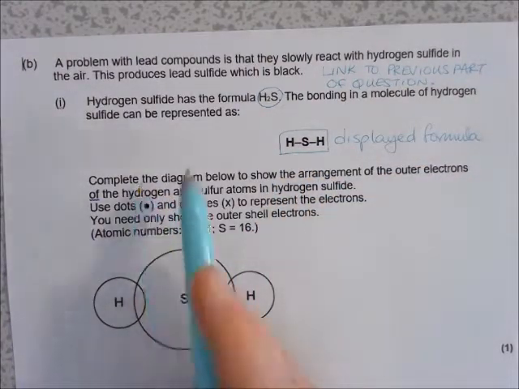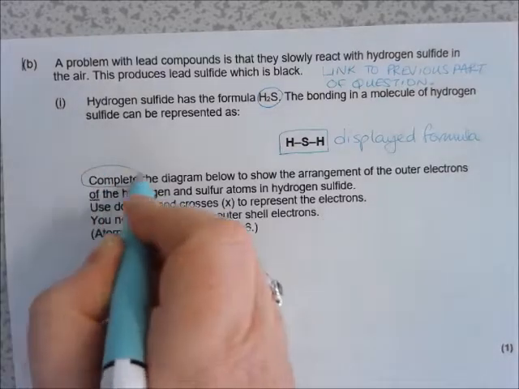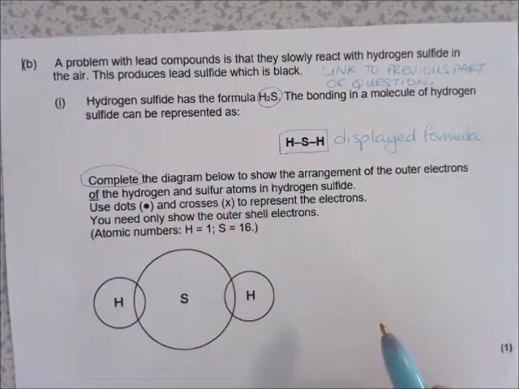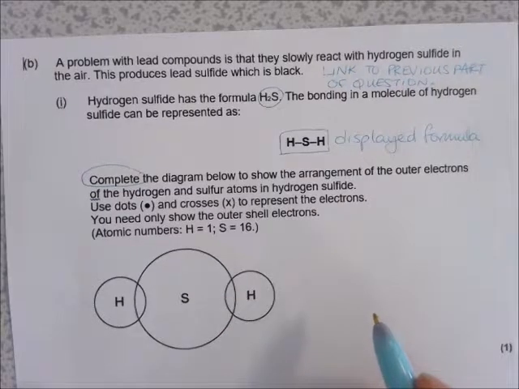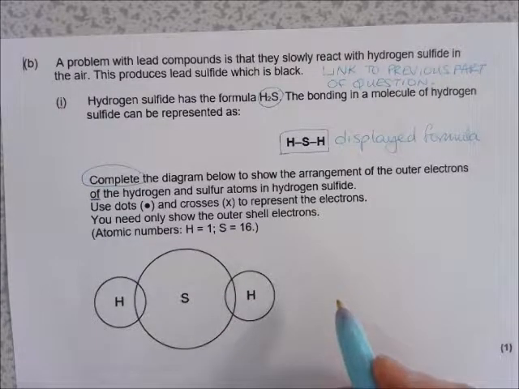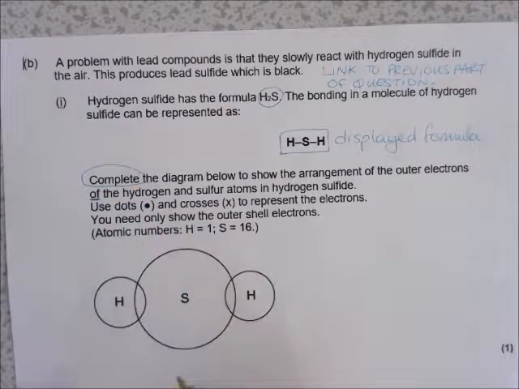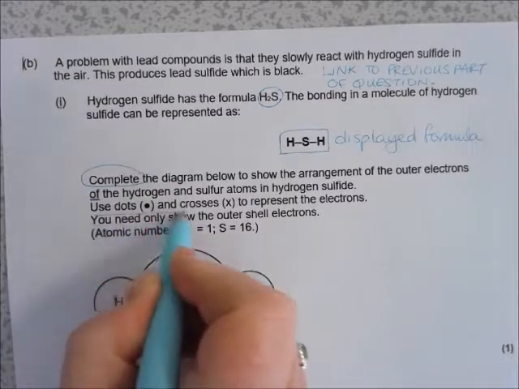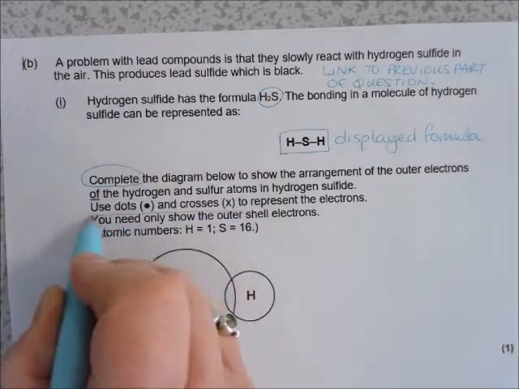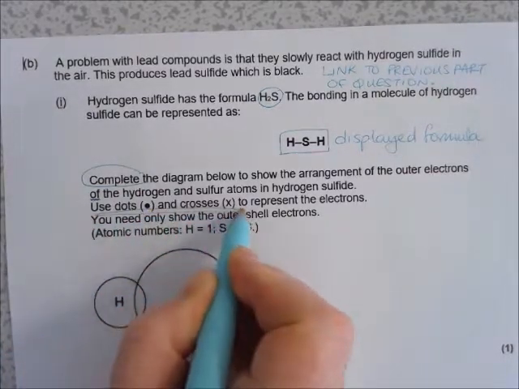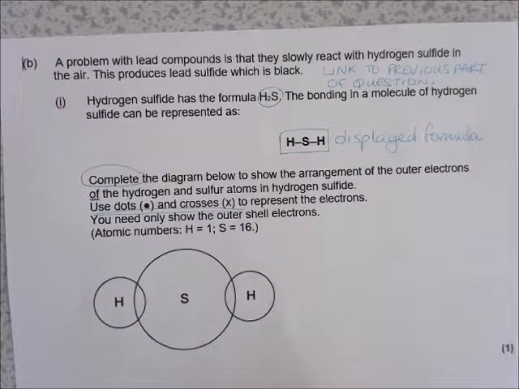It then gives you an instruction: complete the diagram below. Quite often students miss out these sorts of questions because they don't recognise that key word complete as telling them there's a question there. They then say use dots and crosses, so we have to make sure that we are doing what the question tells us.